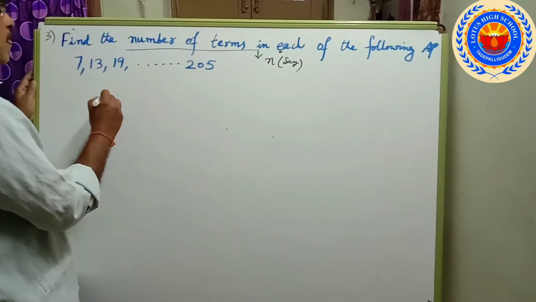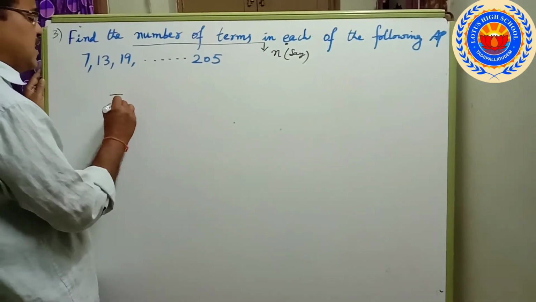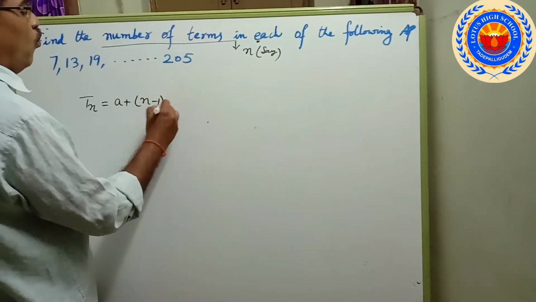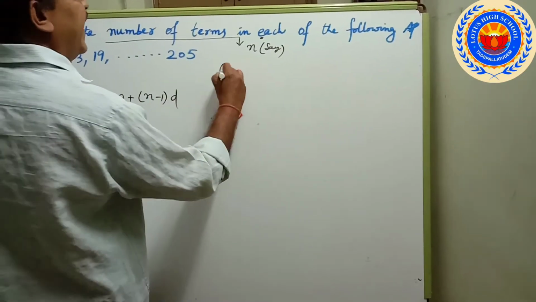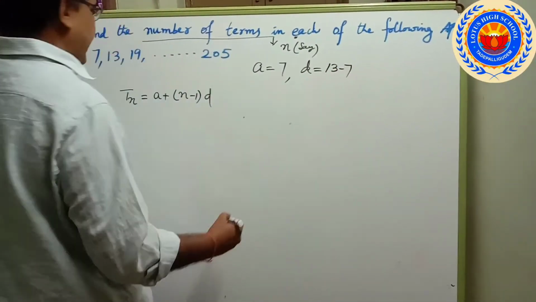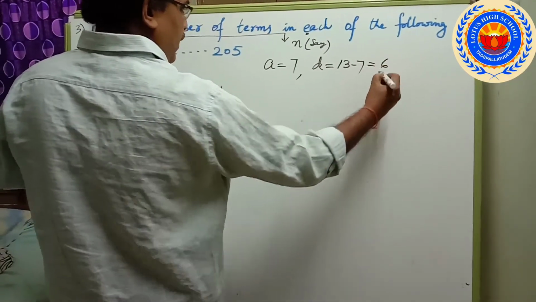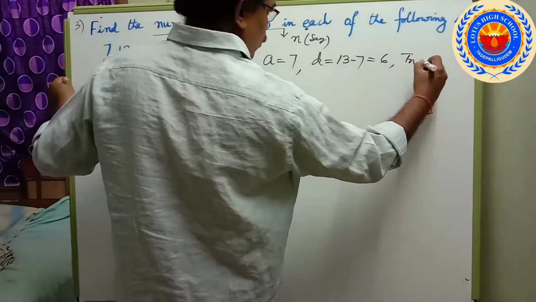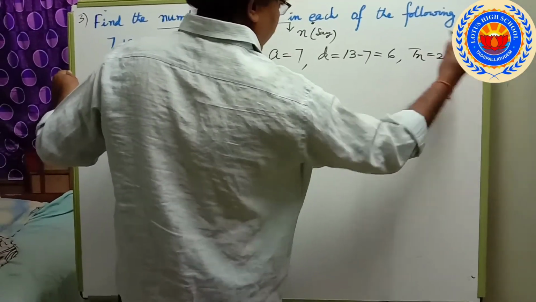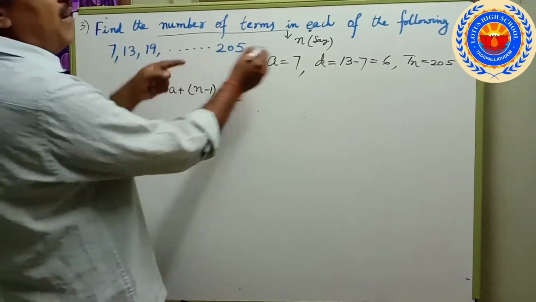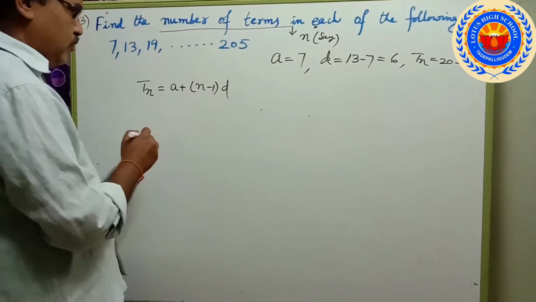So here for this also we are using the same formula. Tn is equal to a plus n minus 1 into d. a is equal to 7. d is equal to 13 minus 7, which is 6. Tn is equal to 205. So here we substitute n, meaning number of terms.